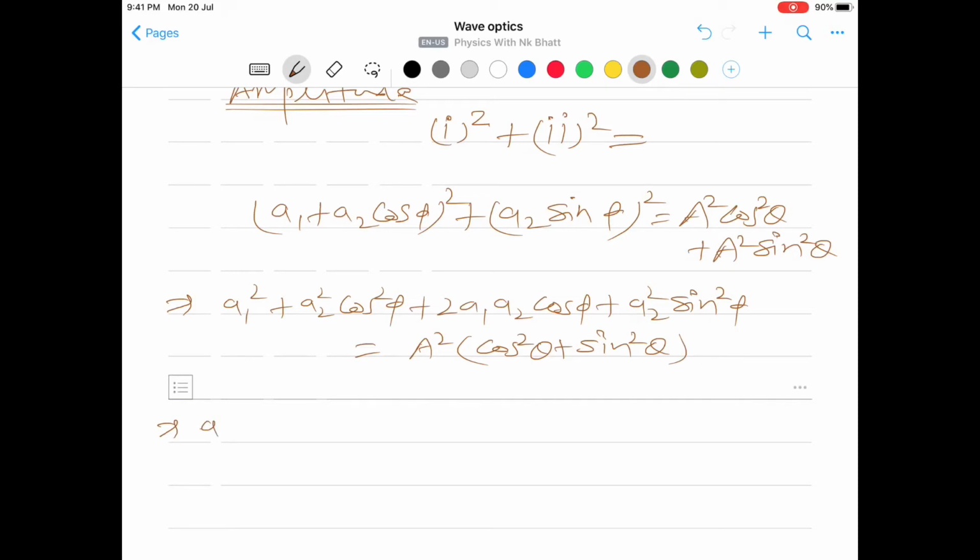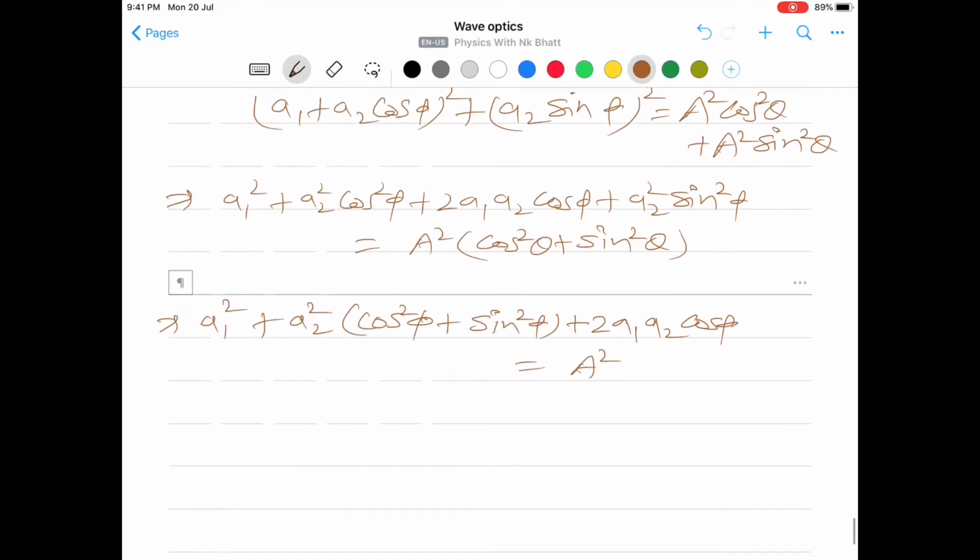So a1 square plus a2 square, cos square phi plus sin square phi, we have taken a2 square common, plus 2a1 a2 cos phi is equal to a square, because sin square theta plus cos square theta is 1.